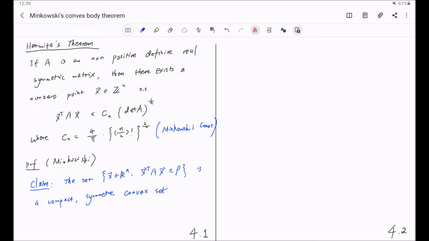Here by symmetric, we really mean it is symmetric about the origin. So now let's verify this claim.